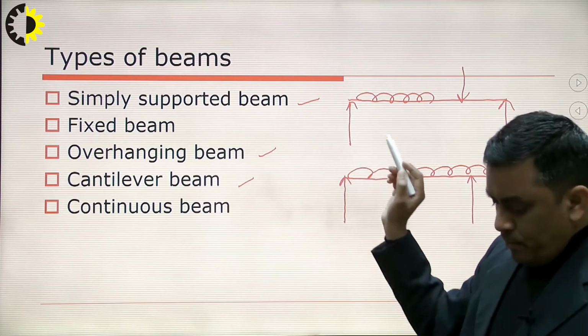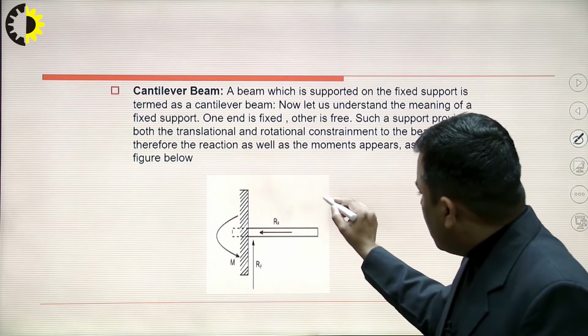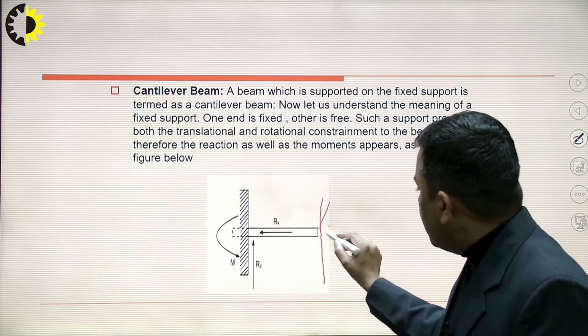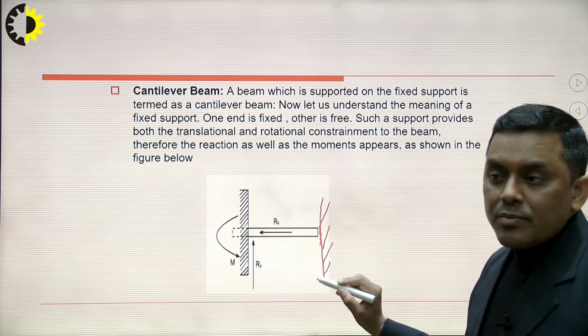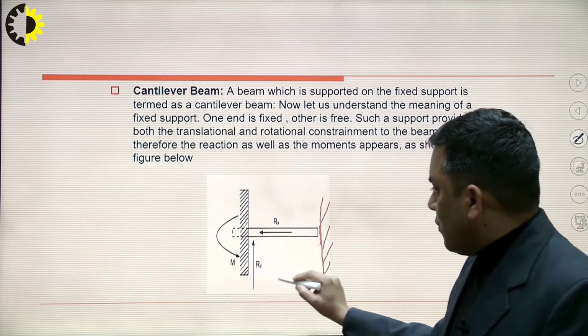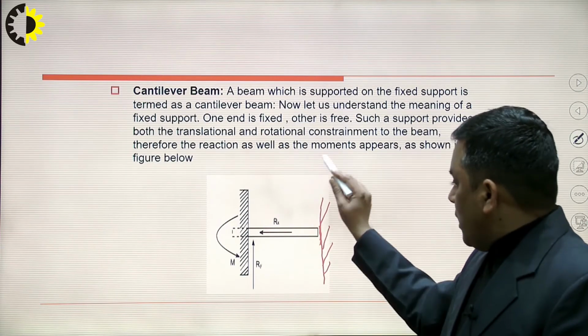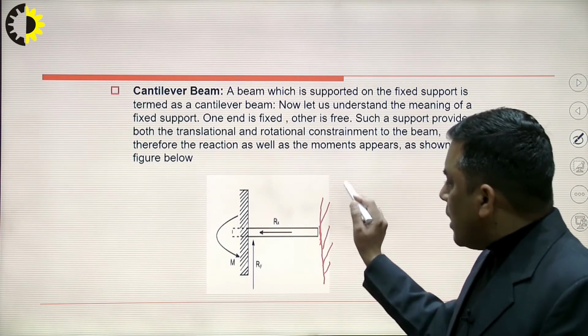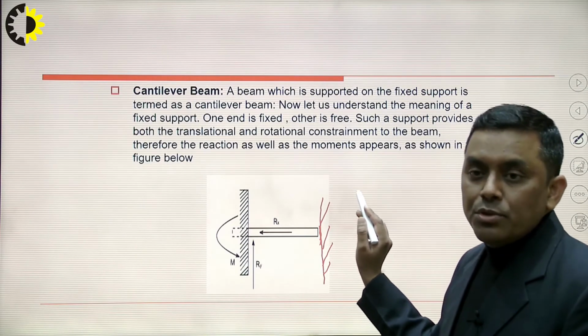If I call it a fixed beam, what does fixed beam mean? If both ends are fixed. Earlier it was a cantilever type of beam, one end fixed, the other free. If I say this is a fixed beam, then both ends of the beam are fixed supports.